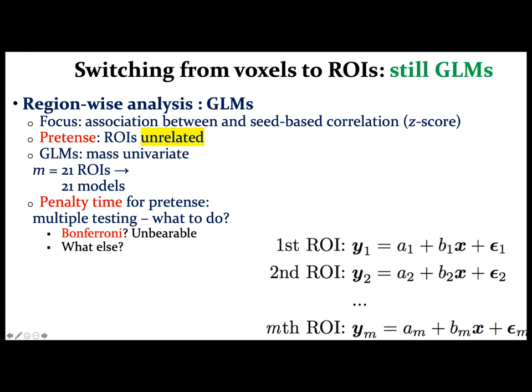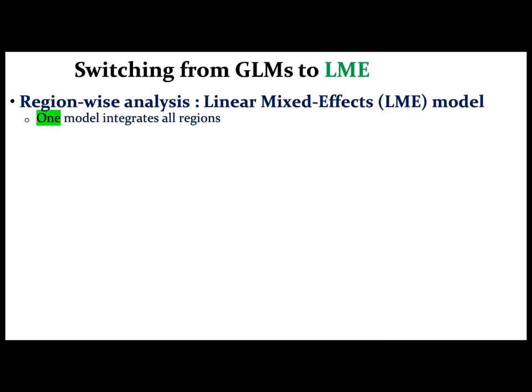In the end, we still have to take care of the multiple comparison issue. You can divide your p-value by 21, the typical Bonferroni correction, but that's probably not a good idea. That's why the ROI approach is usually not adopted: because of this severe penalty. In the whole brain, you could leverage the spatial relatedness, but at the ROI level, with 21 ROIs, we don't have that spatial leverage.